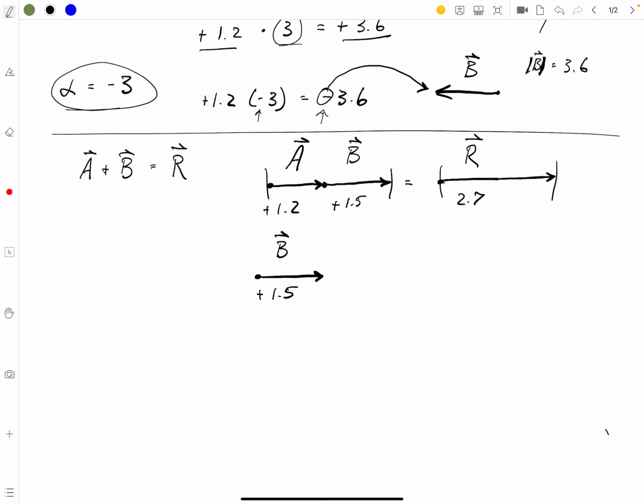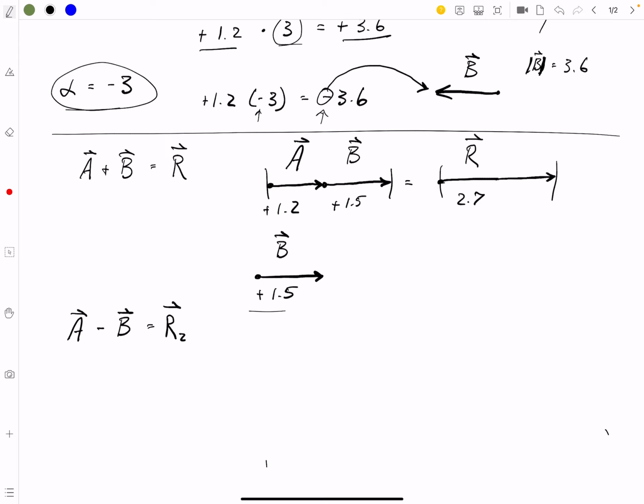Now what about, I want to do A minus B. And that is going to equal R2. Well, what are we doing when we say A minus B?